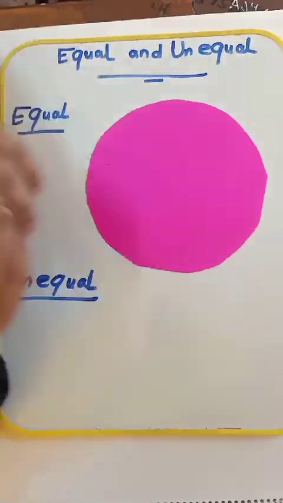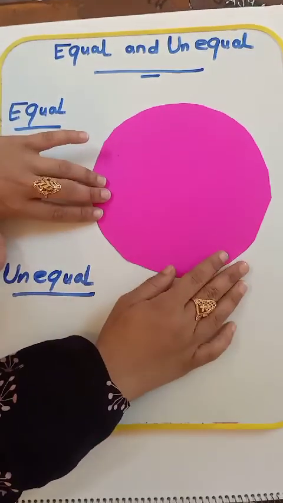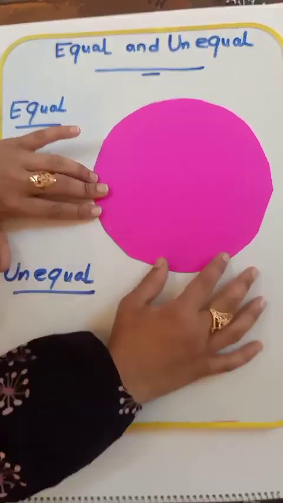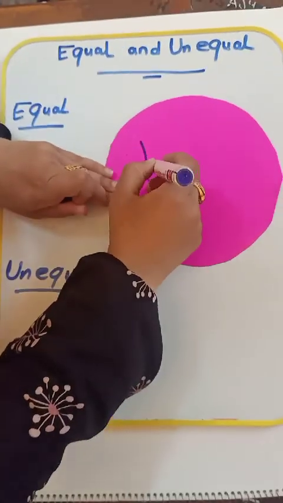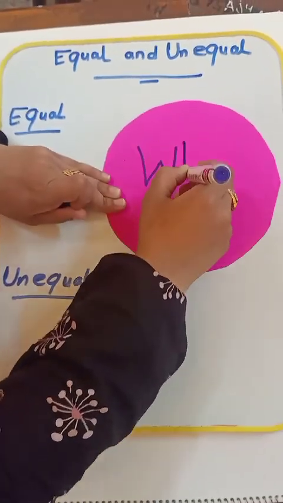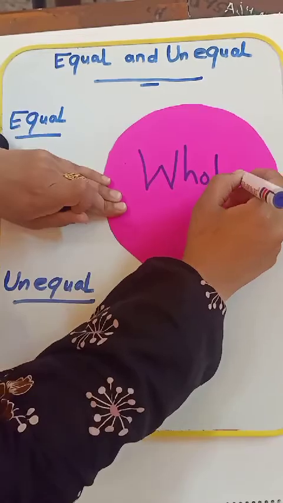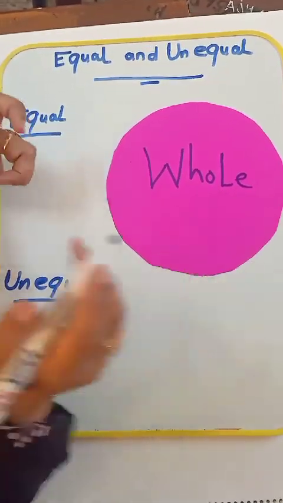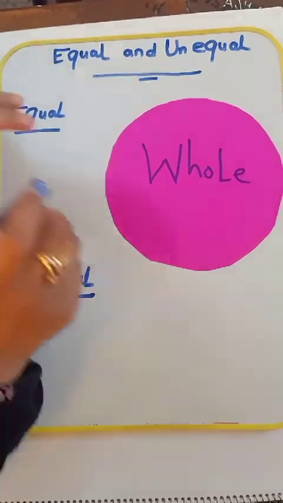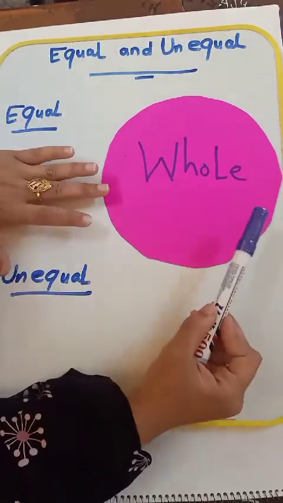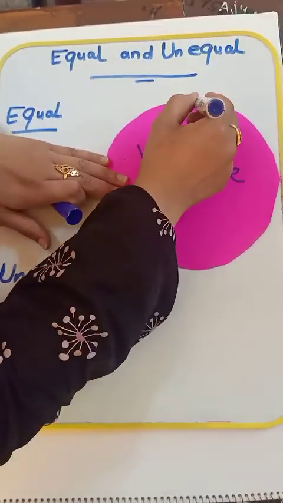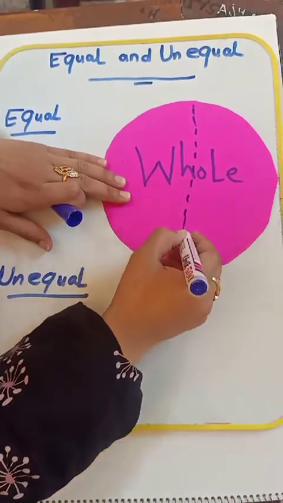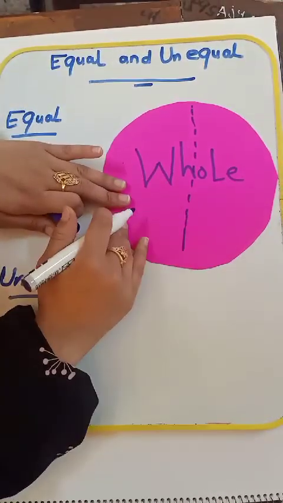If we have a circle, this circle is a whole part. It's called what? Whole. If the circle is a pizza and we cut it between two persons, we will cut like this, two equal parts.